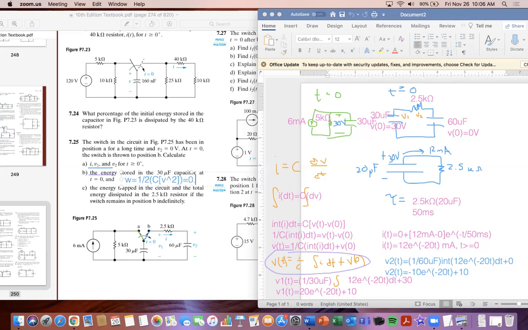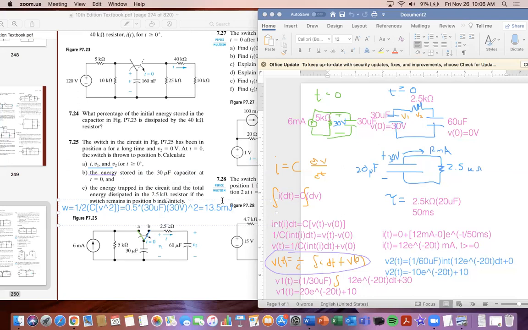We're going to get 0.5 times the capacitance, 30 microfarads, times the voltage, which was originally 30 volts at time 0, squared. What you'll get for your value of energy, when I did this, I got 13.5 millijoules.